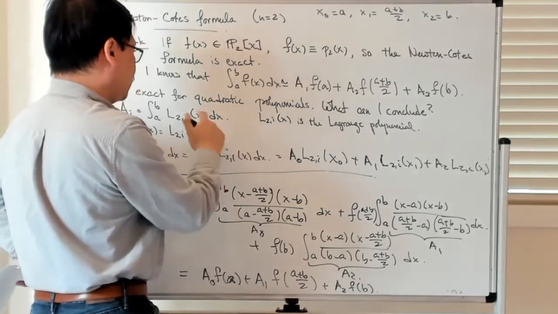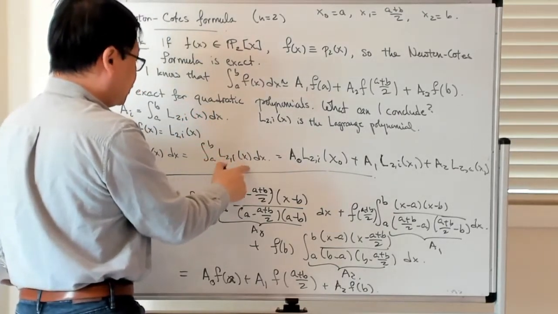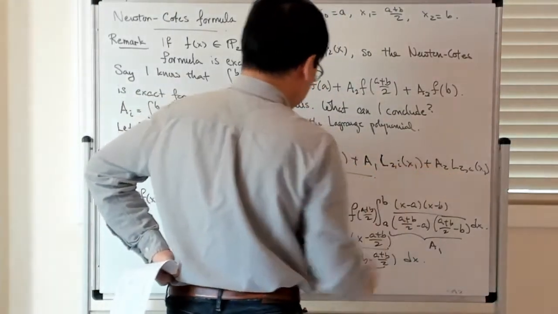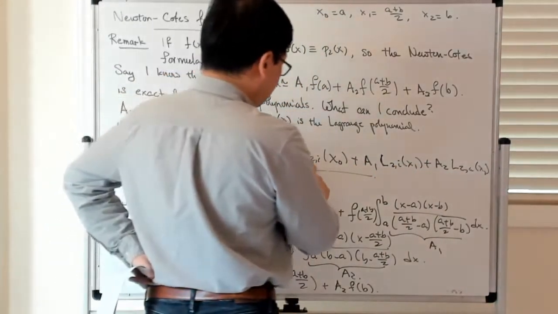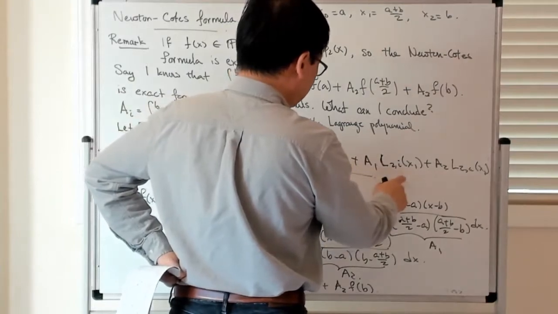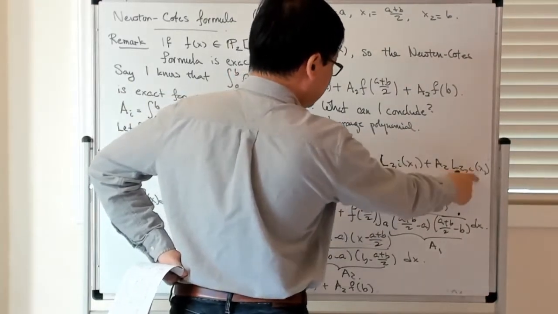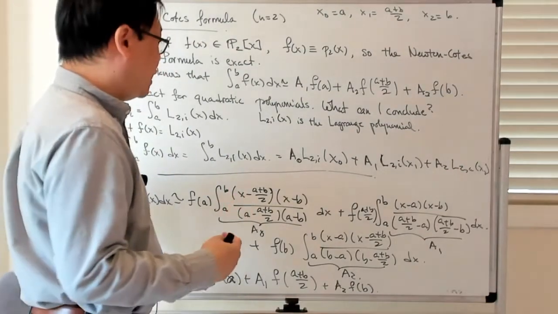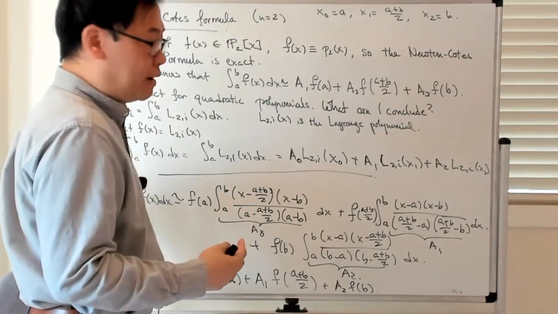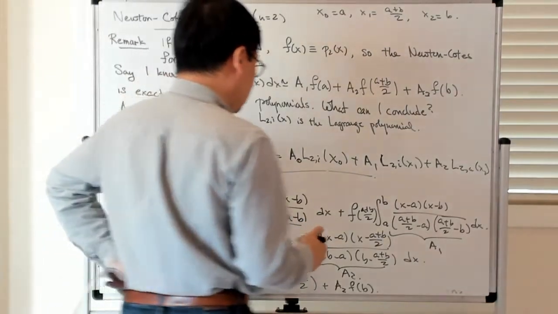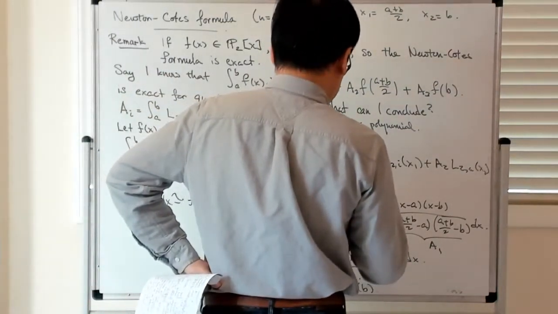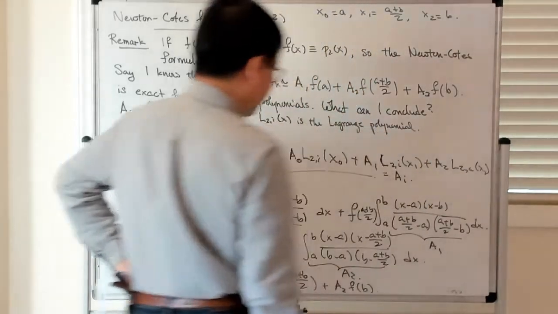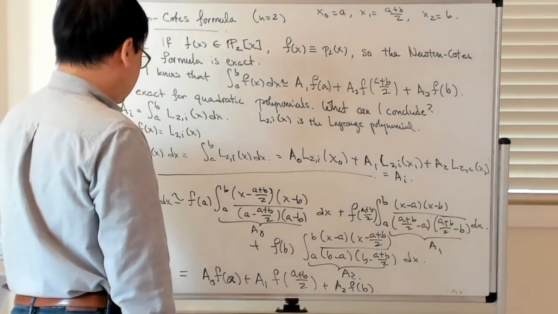And I said that the formula is exact for quadratic functions, so this integral is exactly equal to this thing. But when you have L2i at x0, x1 and x2, all those things vanish except at the point xi. So this is going to be just equal to a sub i, for any i.